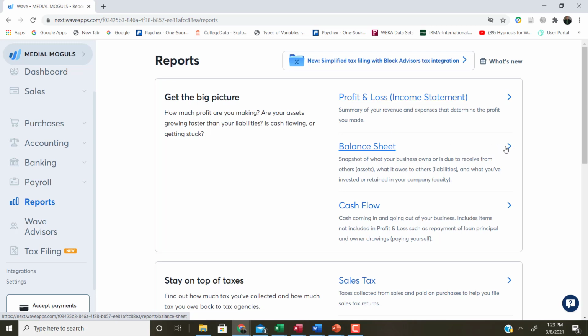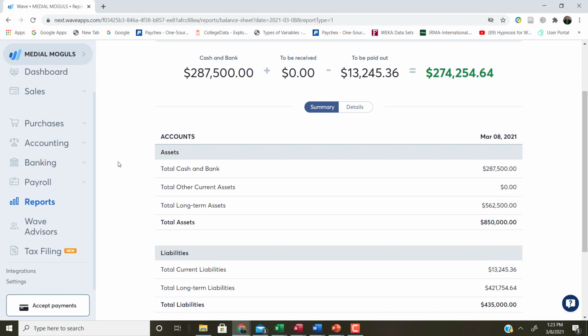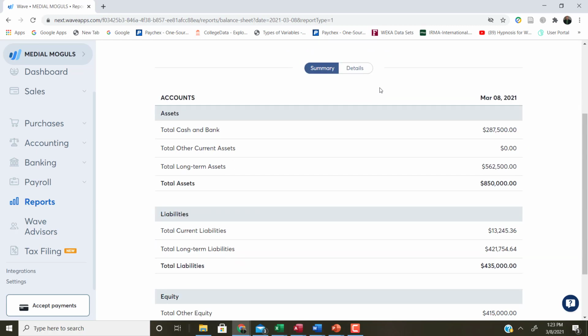And so if I pop on the balance sheet and I look at it, this tells me what my cash and bank is for whatever reason. This is to be paid out, so it's just giving me the amount of cash that I have available based upon what I'm showing here. This total to be paid out, those are all your short-term liabilities that you had on your trial balance.